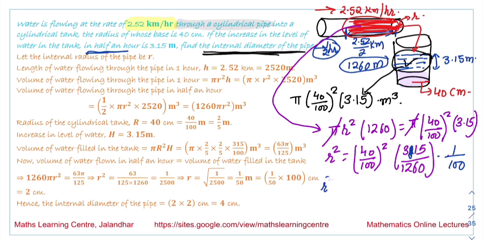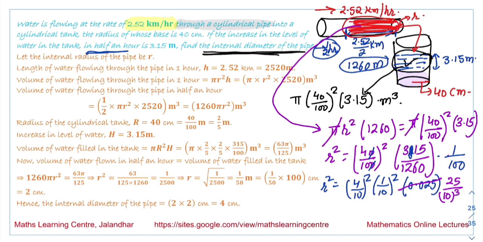So r square is equal to (4 by 10) square into (1 by 10) square into, when we divide these two values, 315 divided by 1260. The answer you will get is 0.025, and this 0.025 you can write as 25 by 10 raised to the power 3.